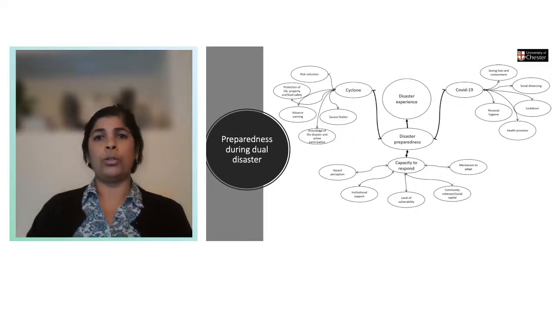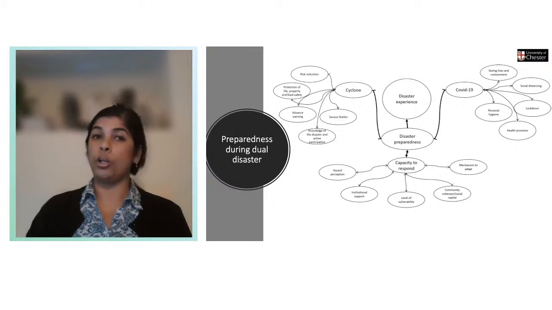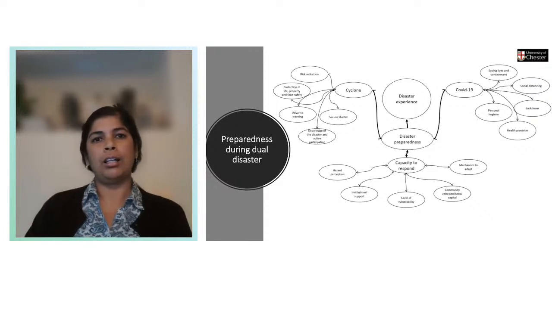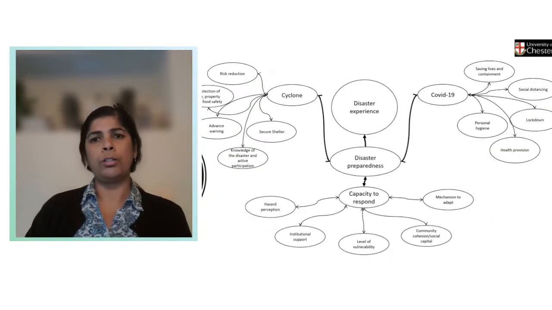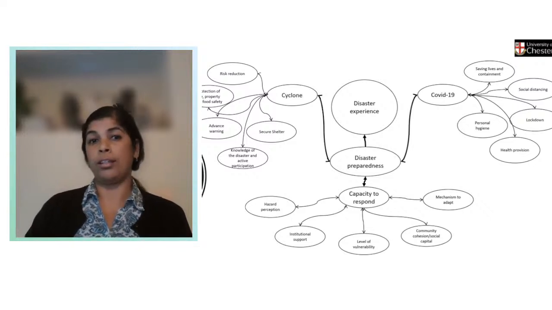They know to secure their houses, they would use ropes, they would bury their non-perishable assets, they will seek shelter in designated buildings, which are also called storm shelters. And also they knew how to safeguard their animals, which were their main livelihoods.